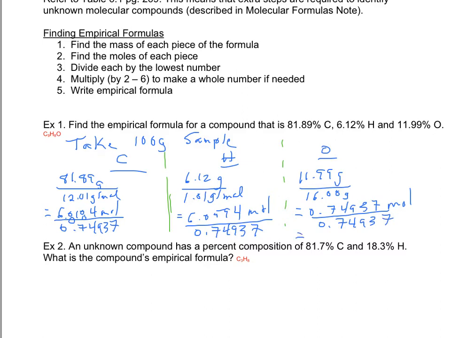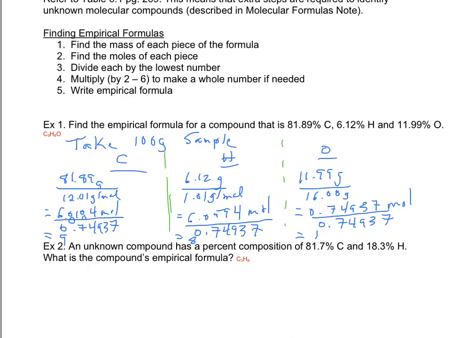That gives me 1 oxygen. If I use my calculator to get the other ones, I get here 9 and I get here 8. Now, I did a little bit of rounding.